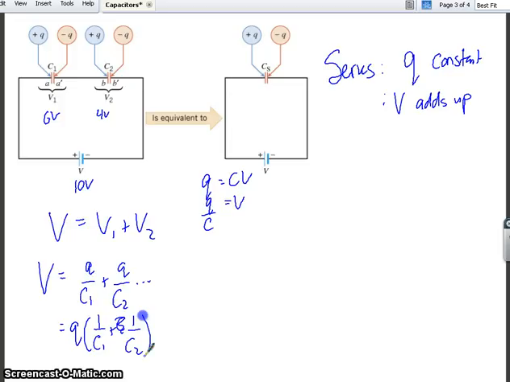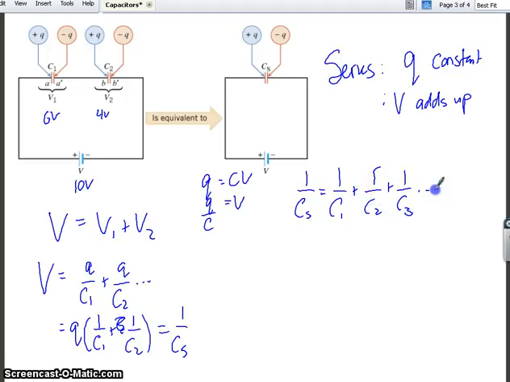Okay, this is eventually going to give us 1 over the capacitance in series. So if we want to know the capacitance in series, it's going to be 1 over CS, CS being in series, equals 1 over C1 plus 1 over C2, etc., 1 over C3.